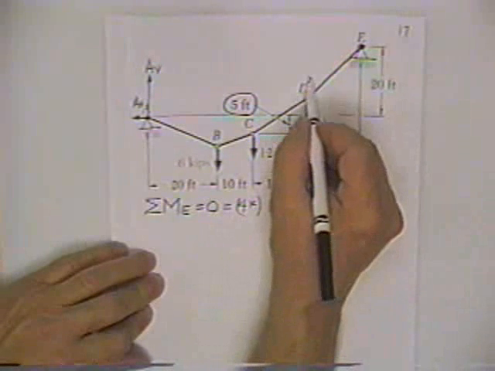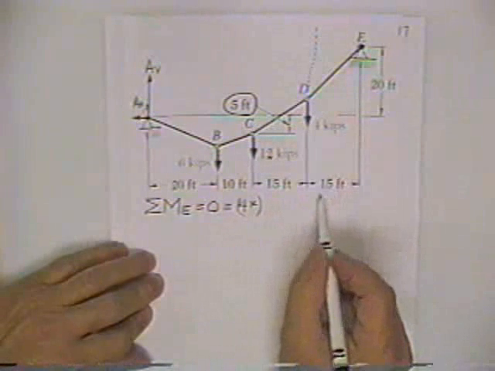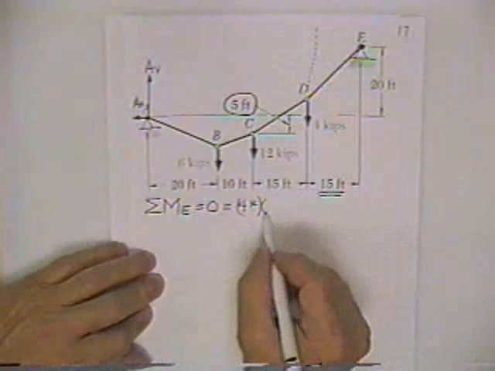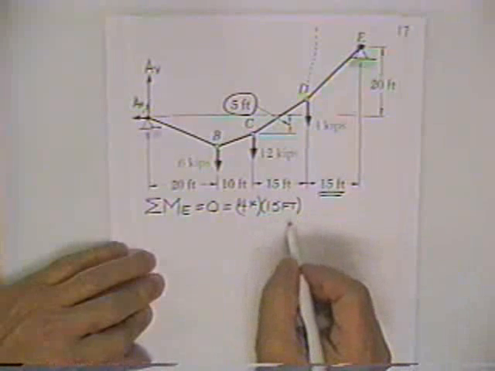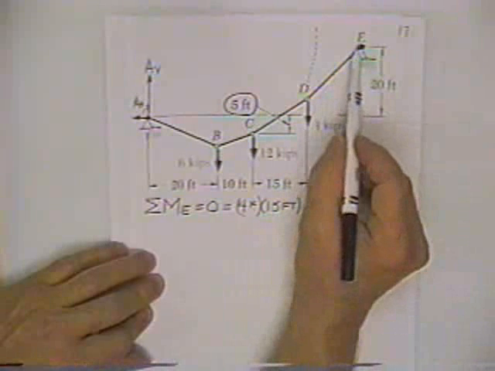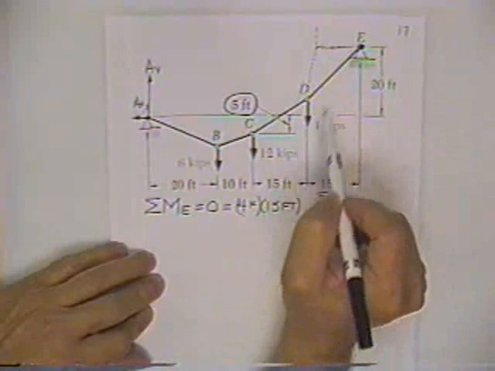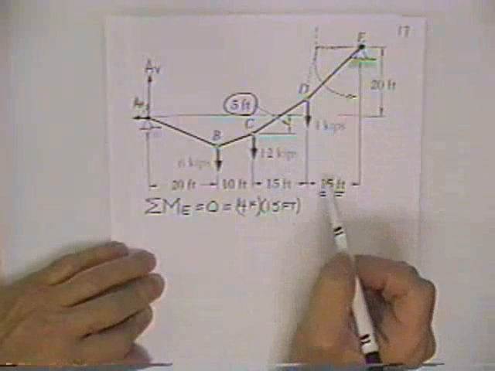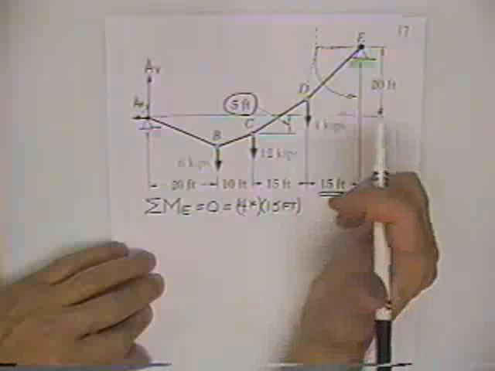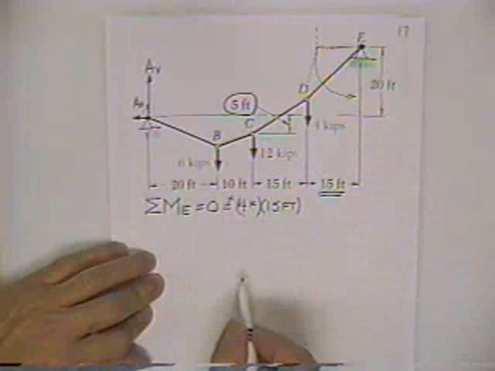Follow him until he gets as close to point E as he's ever going to get. He's 15 feet away, so his moment arm is 15 feet. And his tendency, once you tie this 15-foot piece of string to the force, you let it go, it would tend to roll this way, tied to the string, and that is a positive tendency to roll, so that's a positive moment.